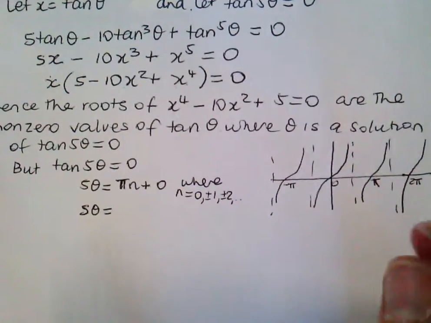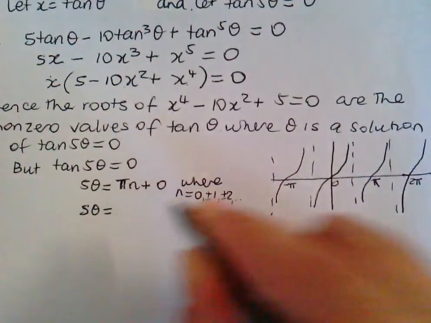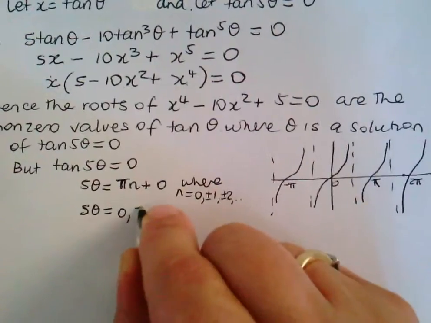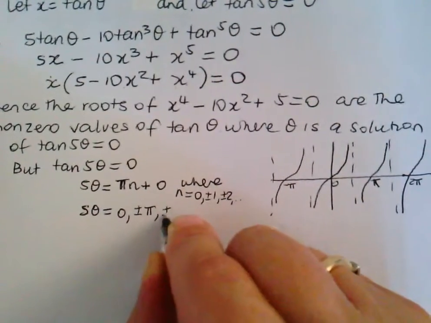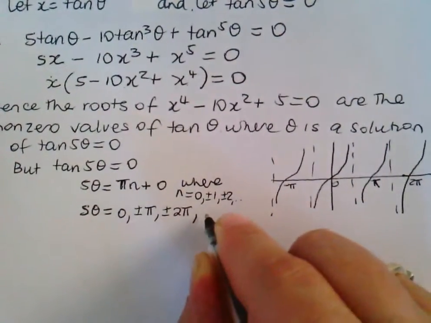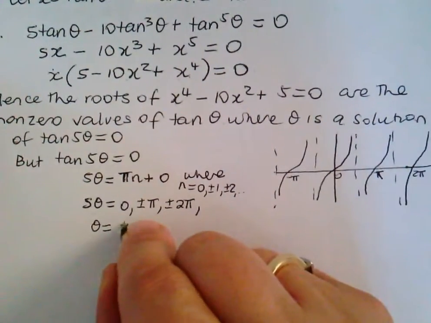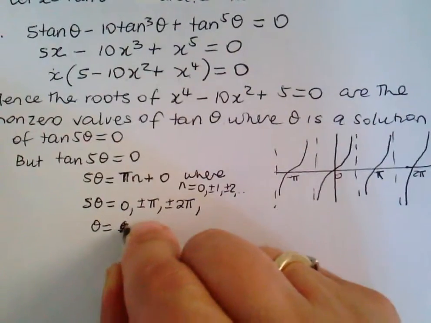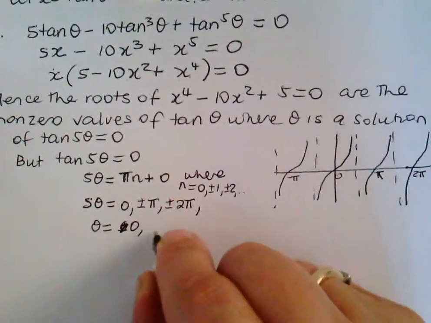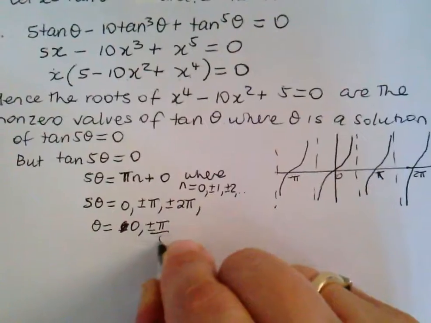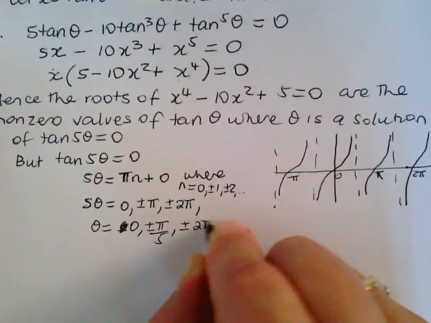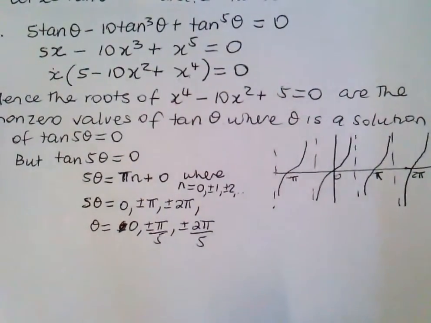So therefore 5 theta is 0, plus or minus pi, plus or minus 2 pi, etc. Okay? So therefore theta is 0, because we're dividing by 5, plus or minus pi on 5, plus or minus 2 pi on 5, etc. I can keep going.